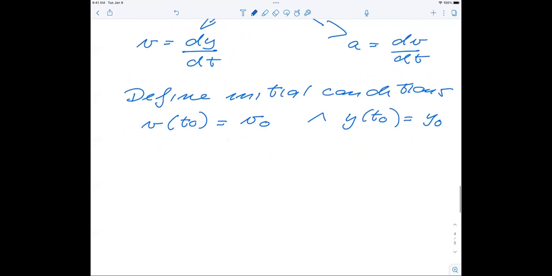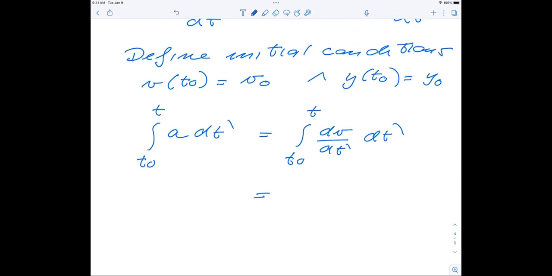If we now look at the equations here, when we integrate up from a time t0 to a final time t, and we take the acceleration dt, this is going to give us the integral from t0 to t of dv/dt' dt'.